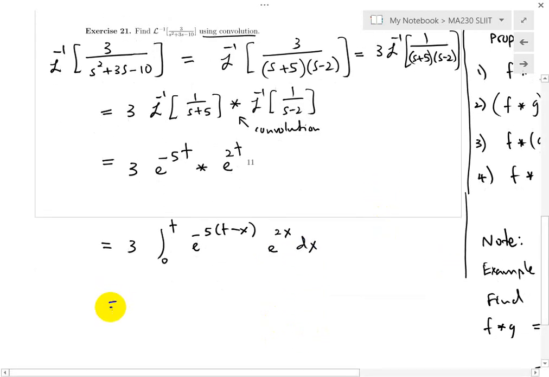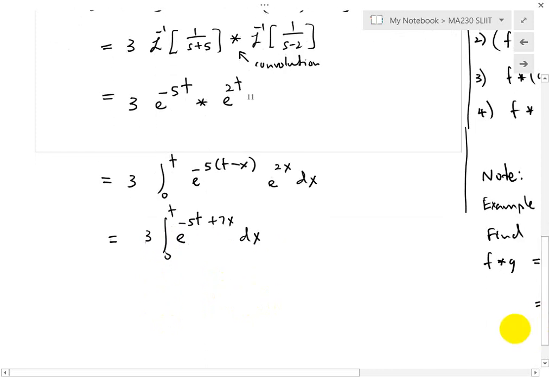This is easy integration. So to your integration you should get your answer to your algebra part here.